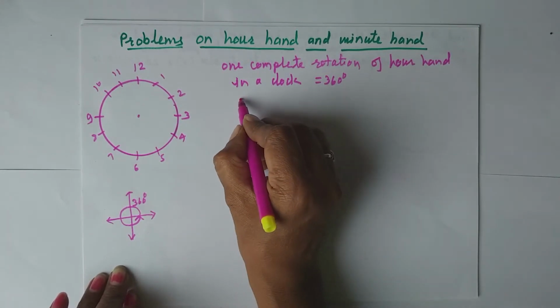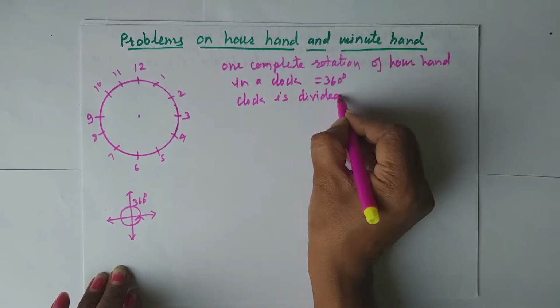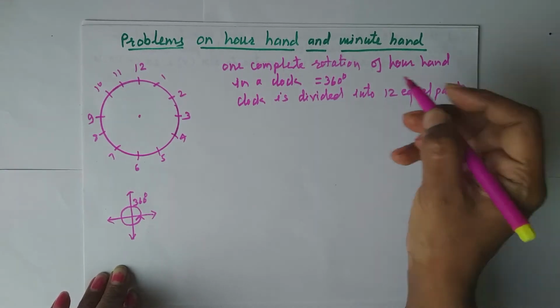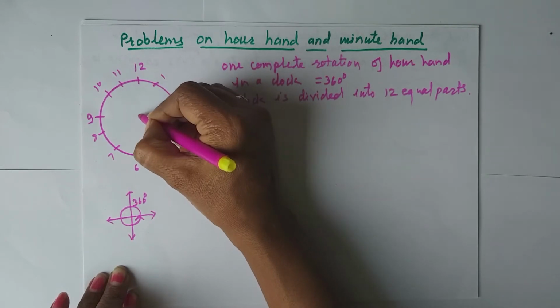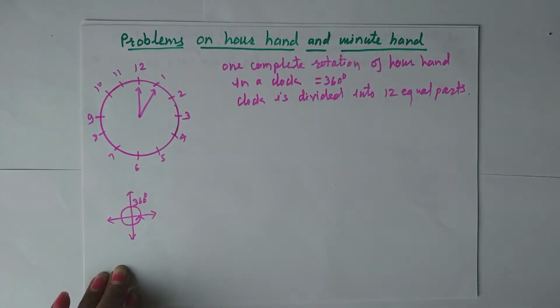Now clock is divided into 12 equal parts. Then what is the angle between these consecutive numbers? What will be this angle then?